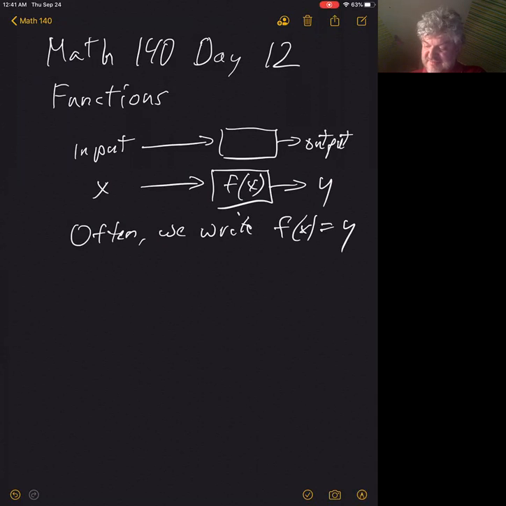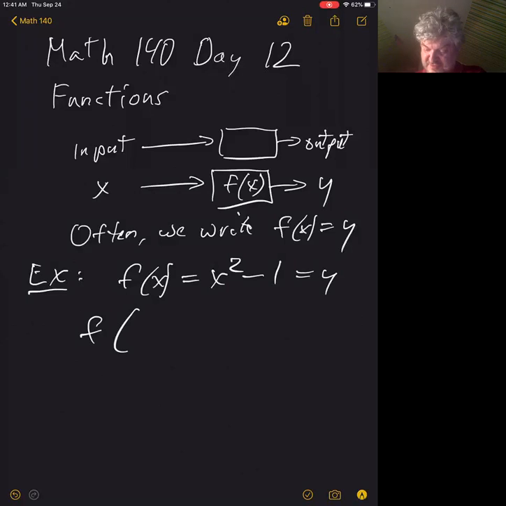And that means you can substitute numbers for x, and then the formula gives you a value, and that is the y. Example, f of x is x squared minus 1. That's your y, and then you can do f of 5 is 25 minus 1 gives you 24.